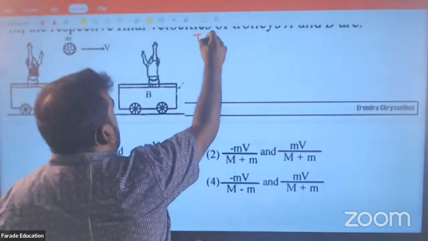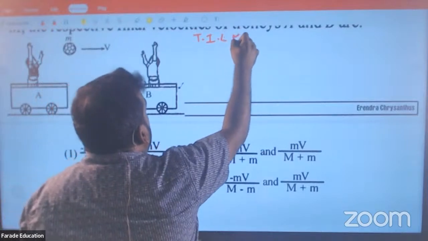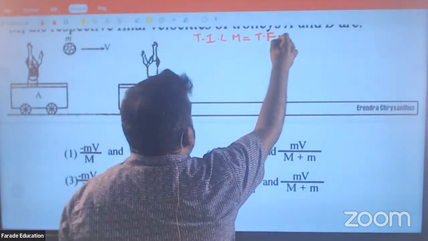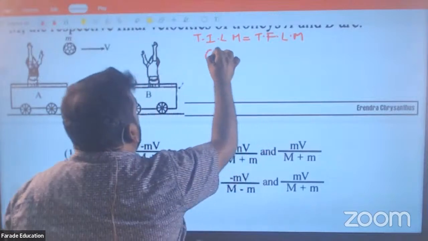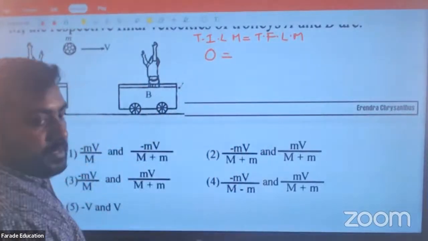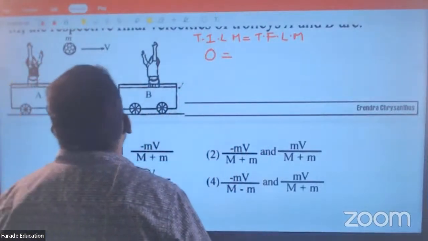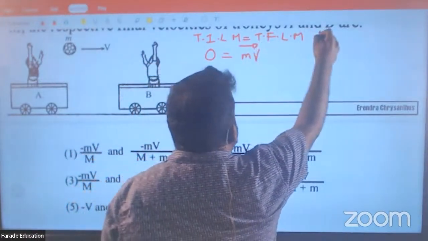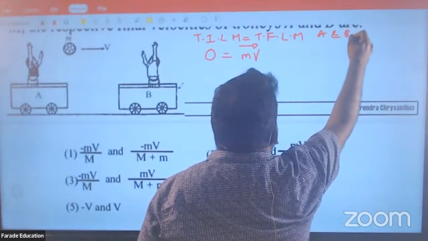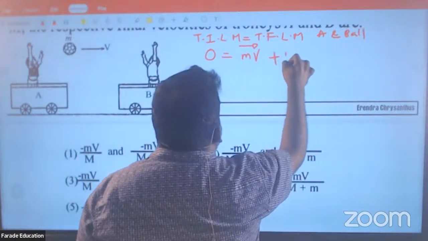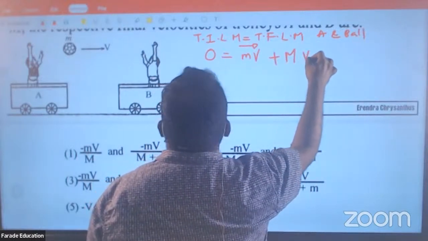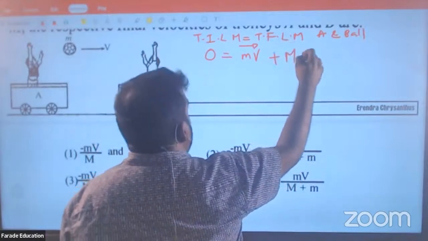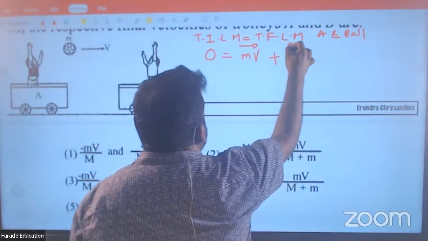So total initial linear momentum equals total final linear momentum. Initially they are at rest. Finally, the ball is traveling forward, with mass simple m and velocity v. The trolley, with capital M, moves with velocity VA backward.